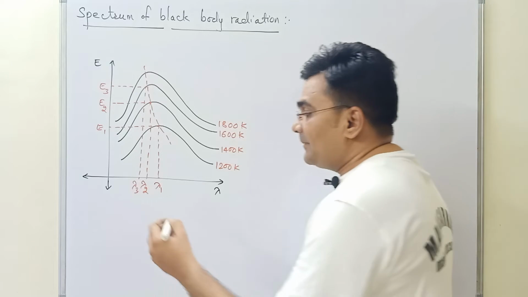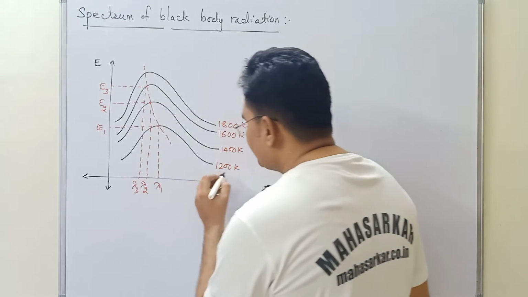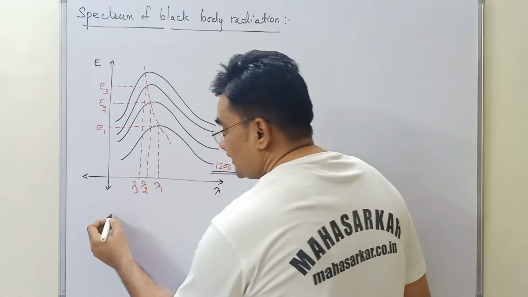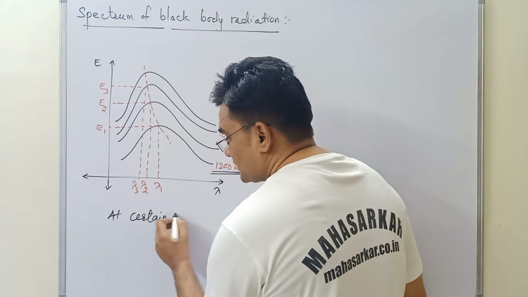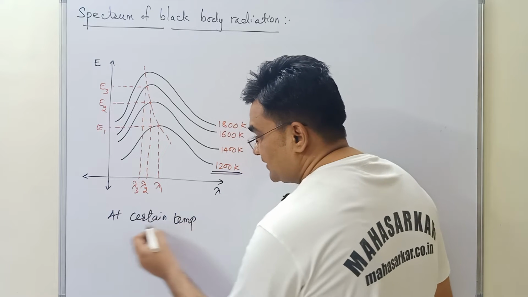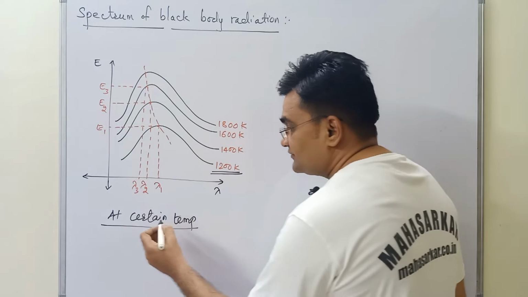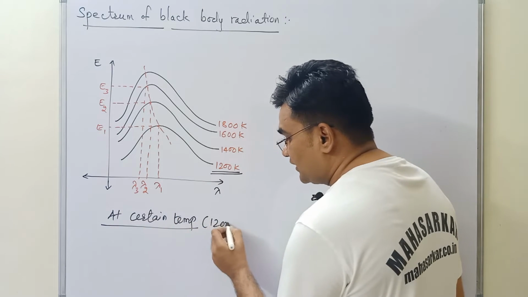So what happens? Suppose there is a constant temperature, say 1200 Kelvin.